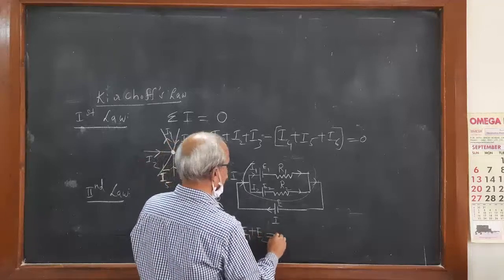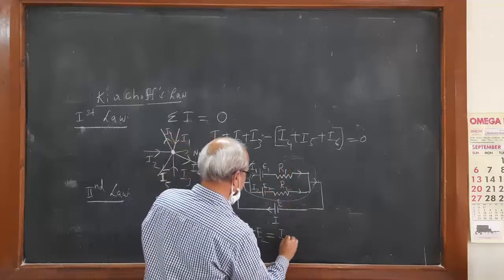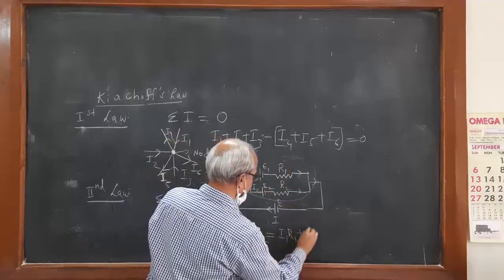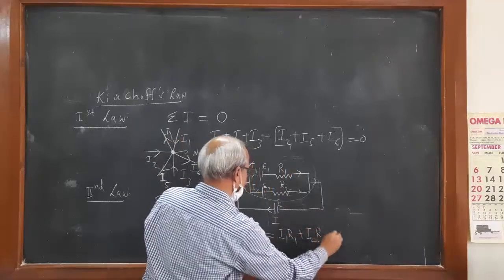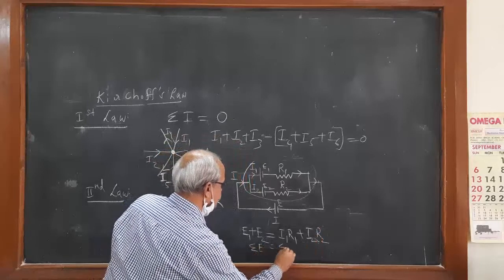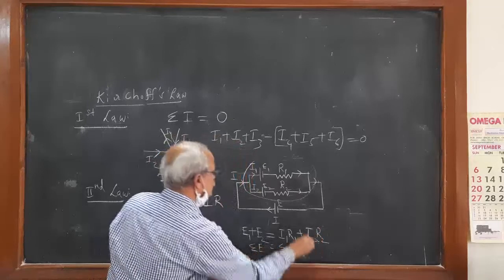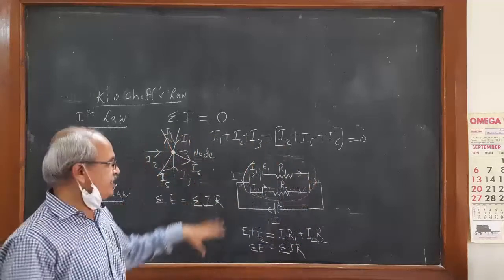Then equal to the sum of IR: I1 R1 plus I2 R2. So this is the summation of E equal to summation of IR. This is one branch of that circuit that I have taken.